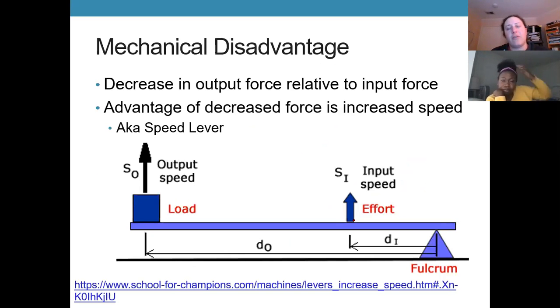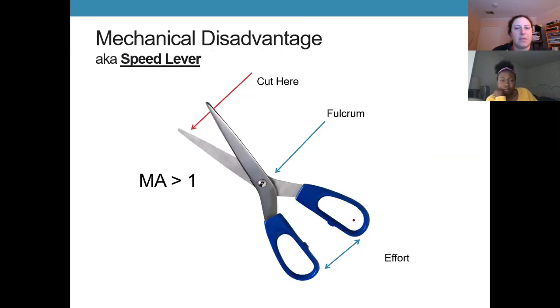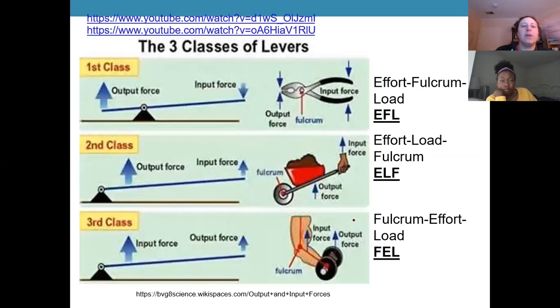You can also have both the effort and the load on the same side as the fulcrum. And there's 2 ways to do that. You can have the effort farther from the fulcrum than the load, or you can have the effort closer to the fulcrum than the load.